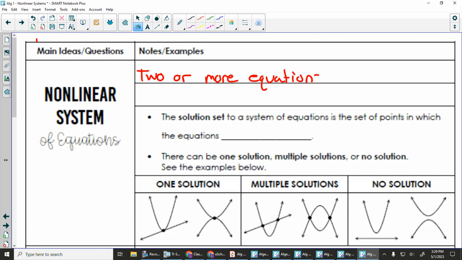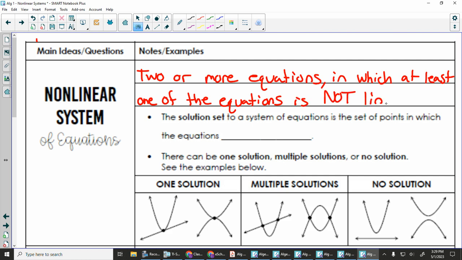If you have two or more equations in which at least one of the equations is not linear, meaning not a straight line. Okay?